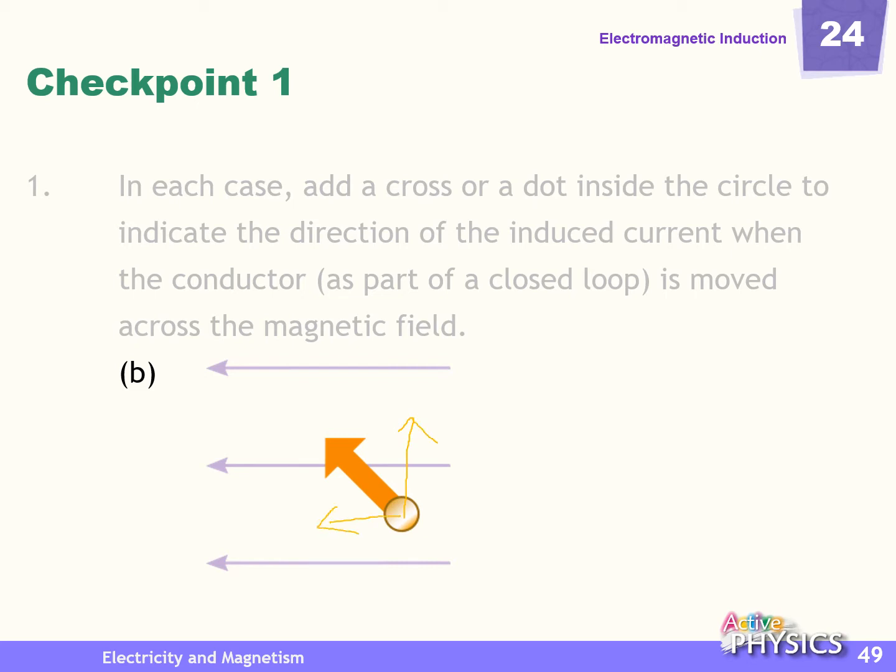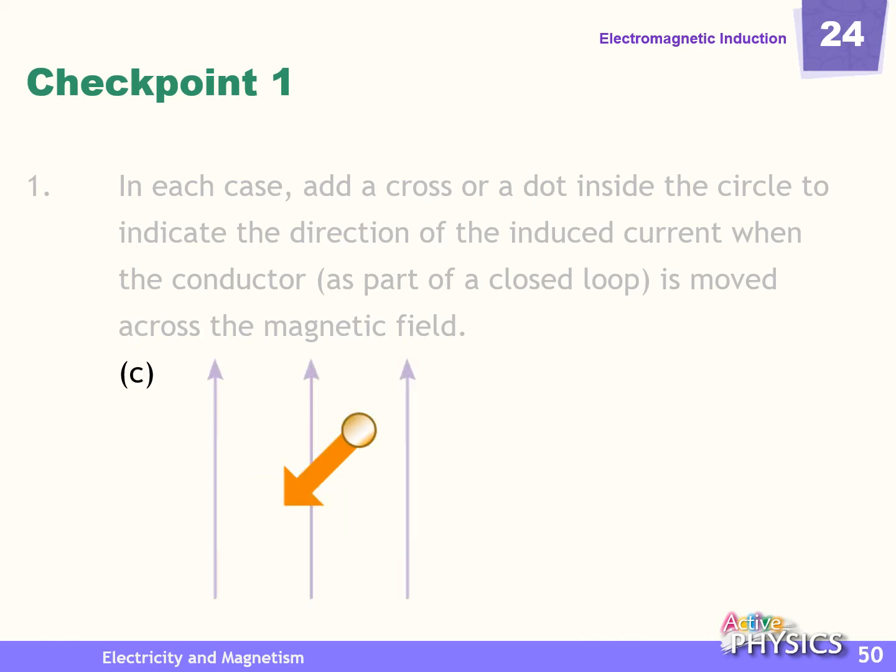The horizontal component is useless, so the direction of the velocity can be converted into upward, because the horizontal velocity doesn't change the induced voltage. I give you 5 seconds. Okay, the induced current is coming out.